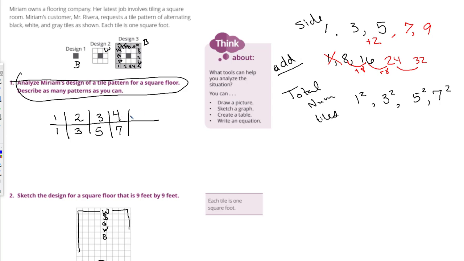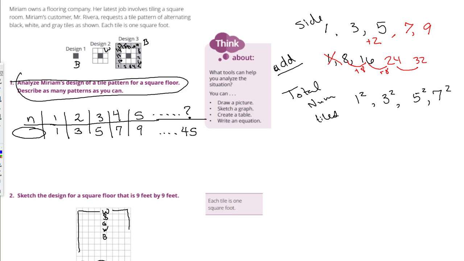Design number 5 is 9. And this keeps going. But we're trying to figure out, what design number am I going to be at when I'm at 45? What is that number? So how can I take, and this is my n, to come up with what number I have here?